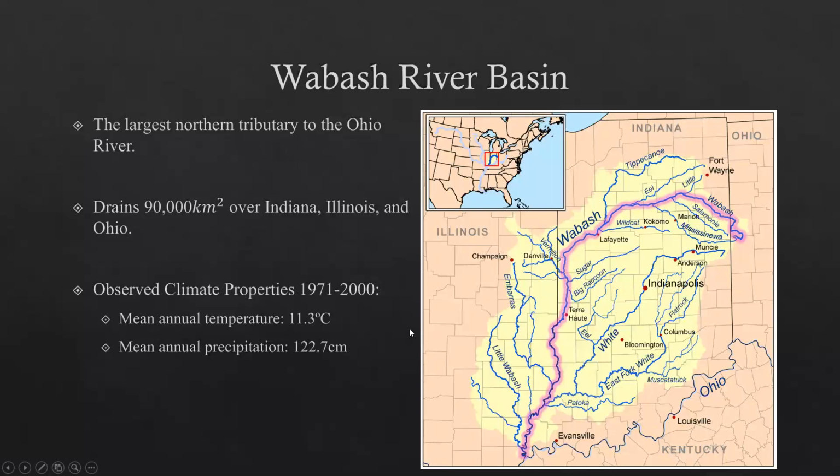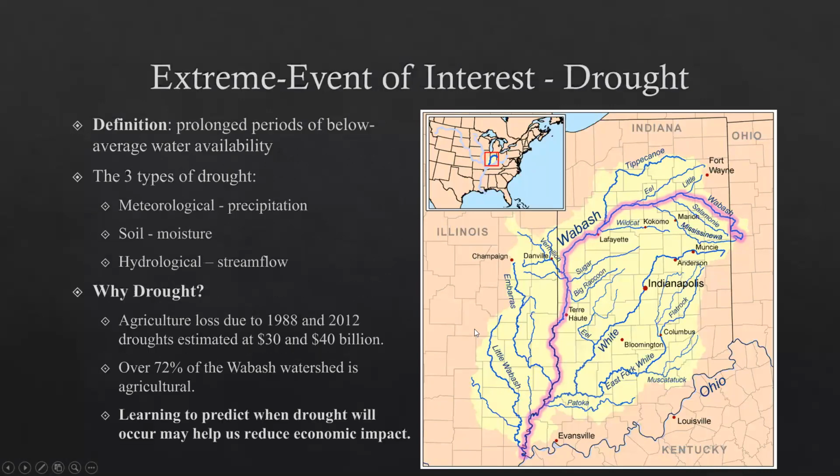And we have a few observed climate properties. It's about 11.3 degrees Celsius on average, and about 122.7 centimeters of precipitation per year. The extreme event of interest that I'm trying to model is drought, defined as a prolonged period of below average water availability.